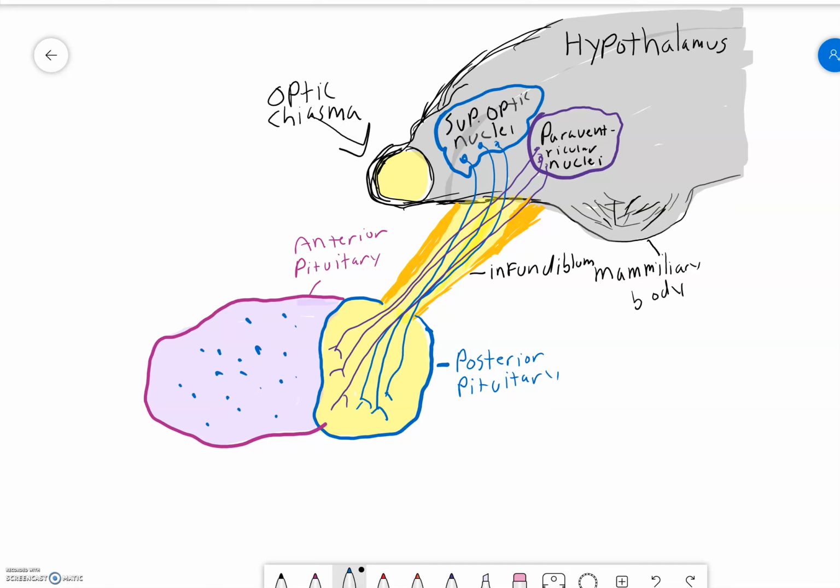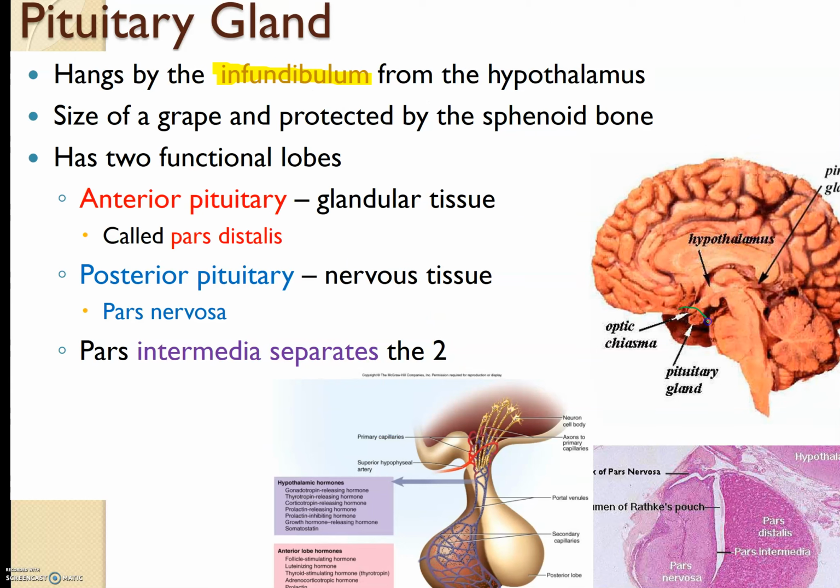Glued onto it is the anterior pituitary, and they actually have two different developmental parts. This one developed from part of the brain, and this one apparently developed from what eventually becomes the nasal epithelial. And this is in the sella turcica, like so, of the sphenoid bone. Pituitary gland is right there, and it is hanging from the infundibulum and the hypothalamus.